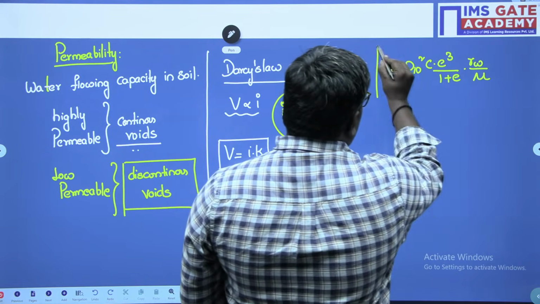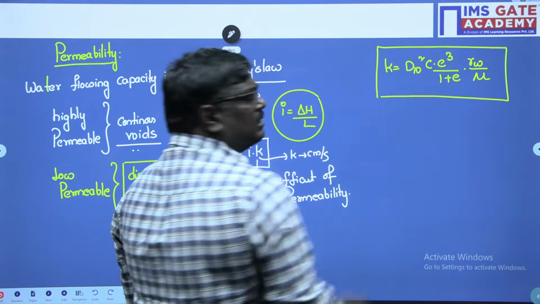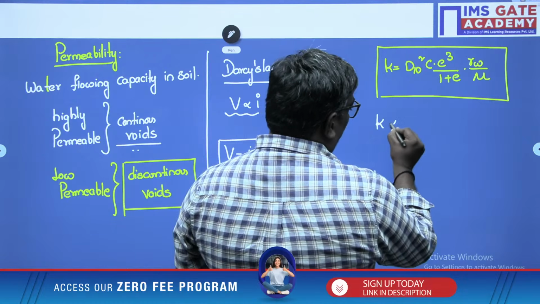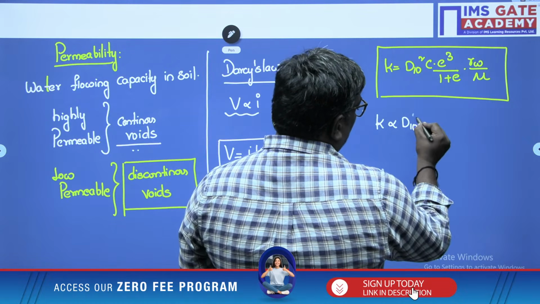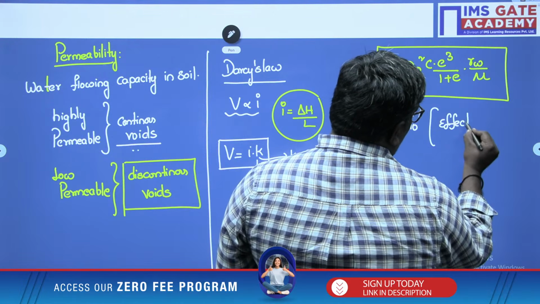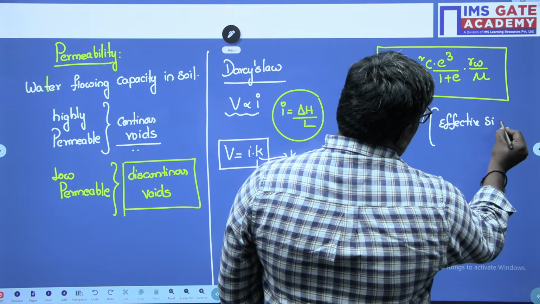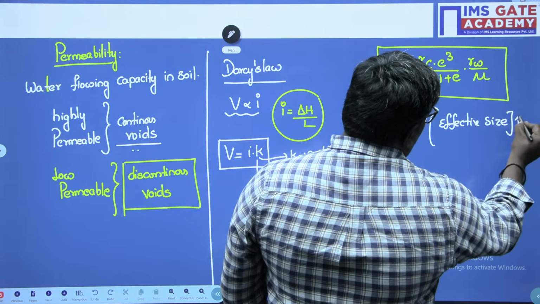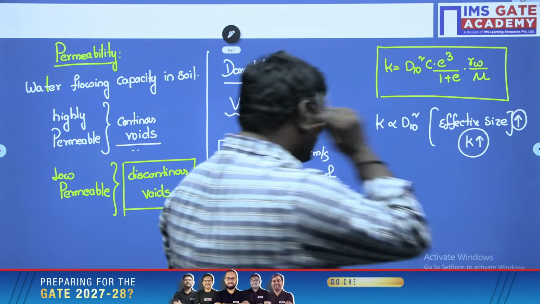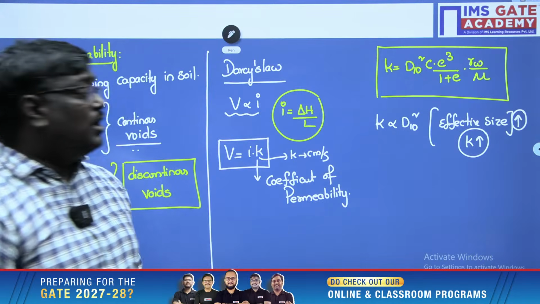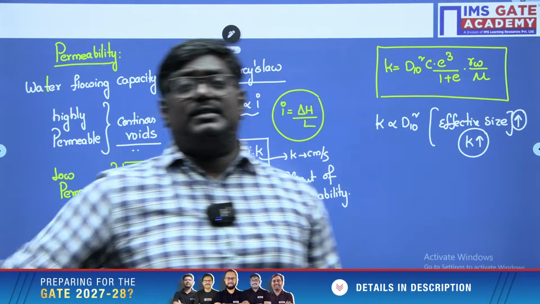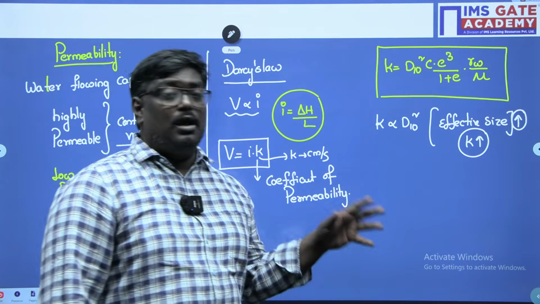Permeability is proportional to D10 squared. So if the effective size increases, permeability also increases. That you have to always keep in mind. What is effective size? It is the size of the sieve through which 10% of the soil particles pass.